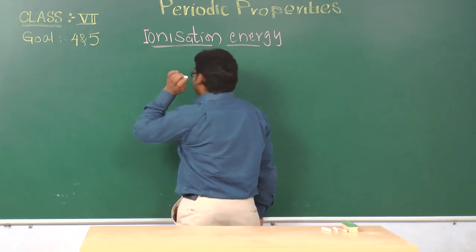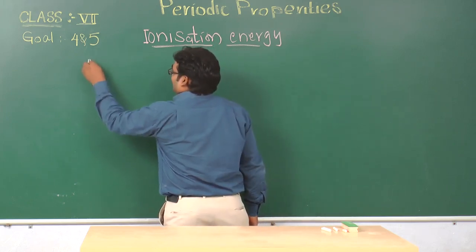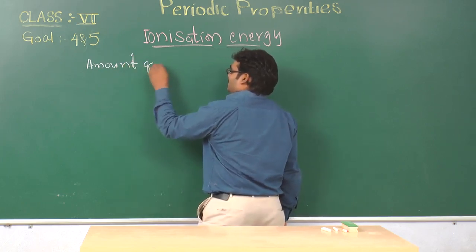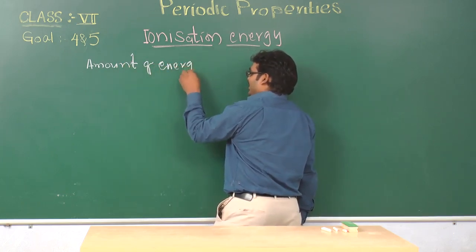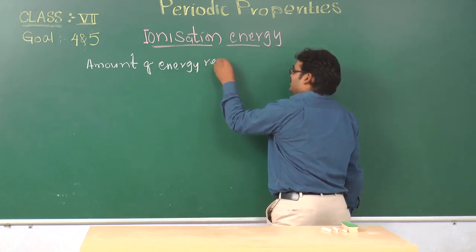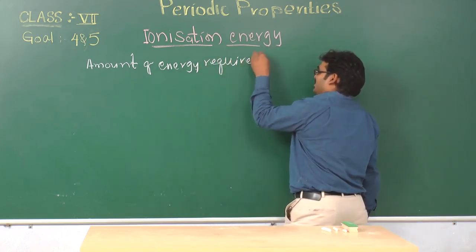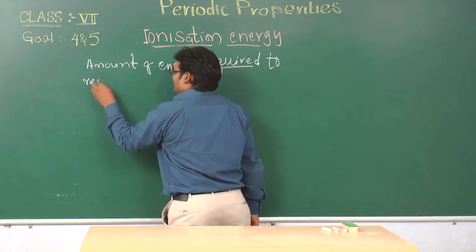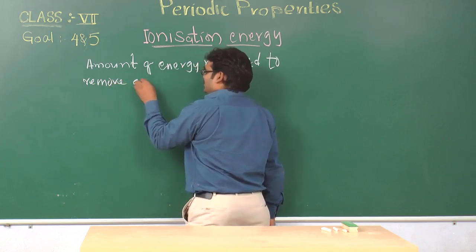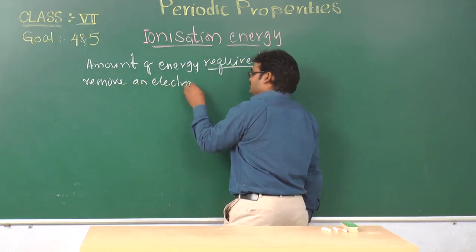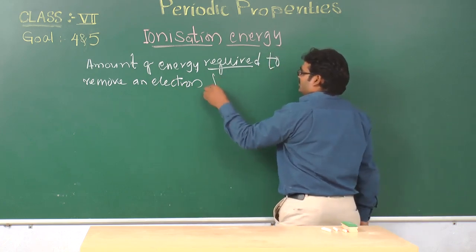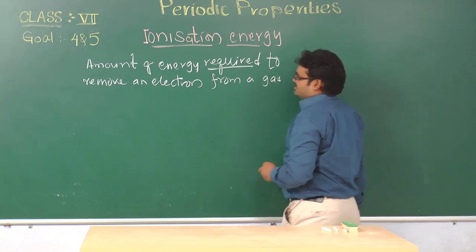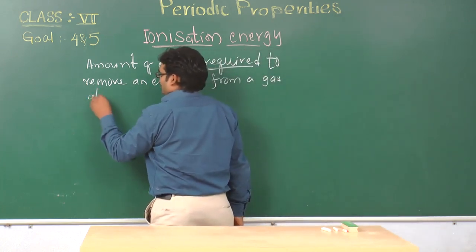So, ionization energy is defined as the amount of energy required to remove an electron from a gaseous atom.